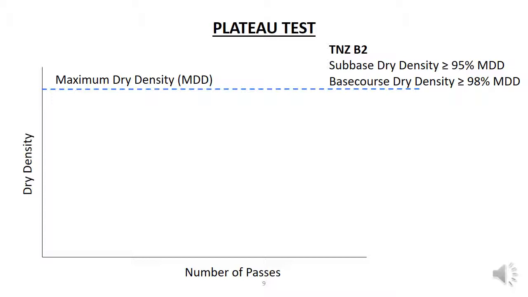The plateau test starts with measuring the density of the soil layer before compaction using a nuclear densometer. The roller that you're going to use will then undertake the primary compaction of the soil with one pass over the soil layer, and the dry density is again measured.